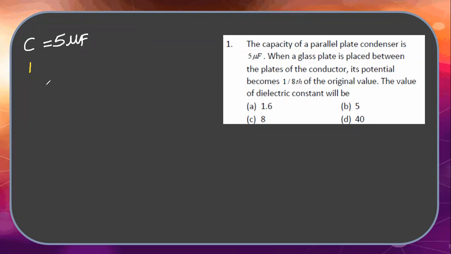Now the initial potential is taken as V. In the next case, when the glass plate is placed, the new potential is 1 by 8 times the actual potential. Then what is the value of the dielectric constant?